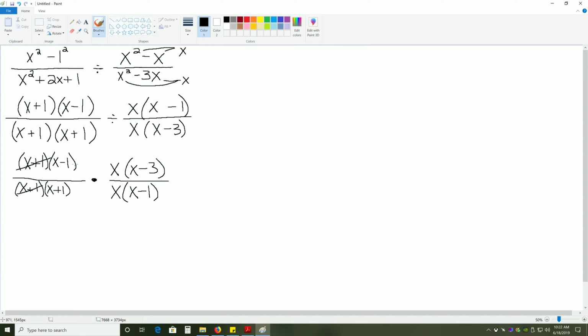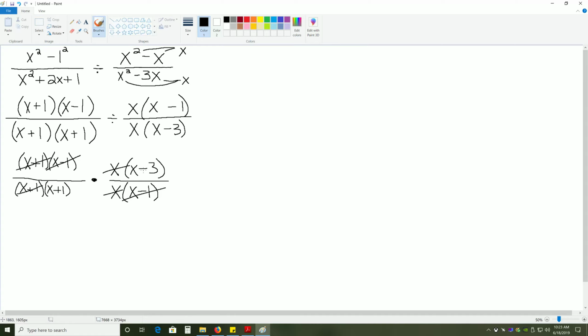From here, we have an x minus 1 in the top of this fraction, but not in the bottom. But we do have an x minus 1 in the bottom of this fraction. And because we're multiplying, we can cancel them as if they're in the exact same fraction. We do not have another x plus 1 in the numerator, so this value will have to stay here. And we do have an x in the top and bottom of this fraction that we can cancel out.